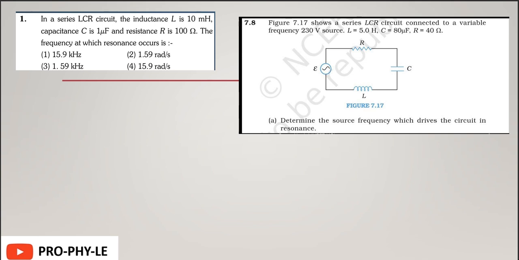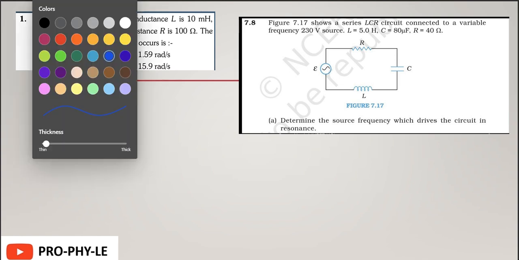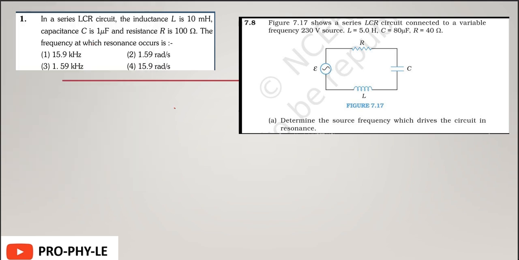A question was given like this: a series LCR circuit, the inductance is given and capacitance is given. They're asking us to find the resonant frequency. We observe resonance only when capacitive reactance matches inductive reactance.